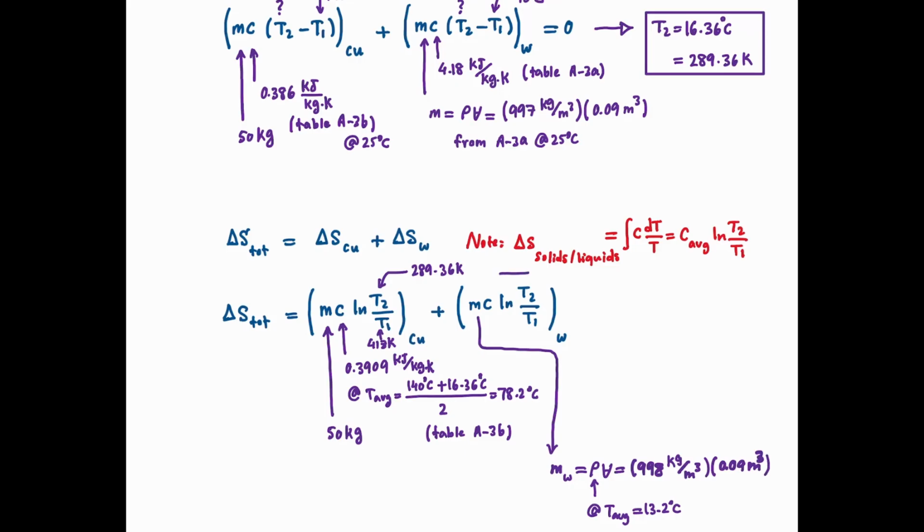Specific heat has to be read at average temperature 13.2 degrees C, which is 4.2 kilojoule per kilogram Kelvin from table A3a. T2 is known, 289.36 Kelvin, and T1 is 10 degrees C or 283 Kelvin. So all the terms are known. We can solve for delta S total. It is going to be 1.4305 kilojoule per Kelvin.